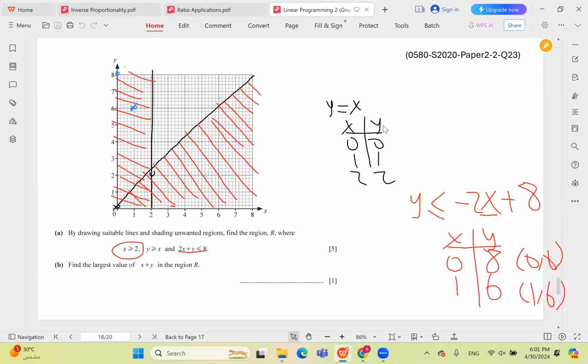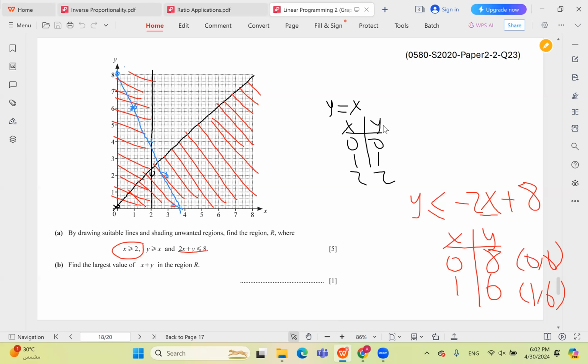So we can also just draw some more points to make life simple because I'm using my screen. So the line will pass through these points like this. And then it should be cutting at the 4 here. And we want the y to be less than, so we're going to shade everything that is greater than.